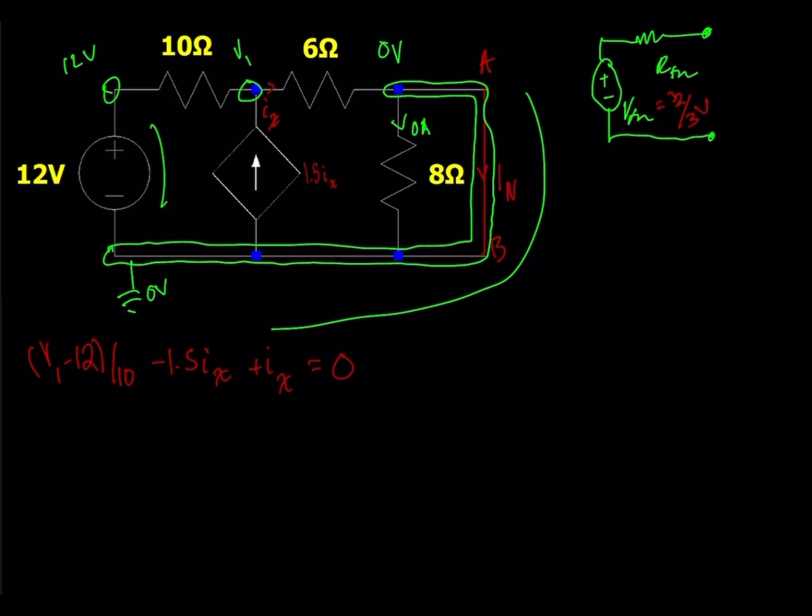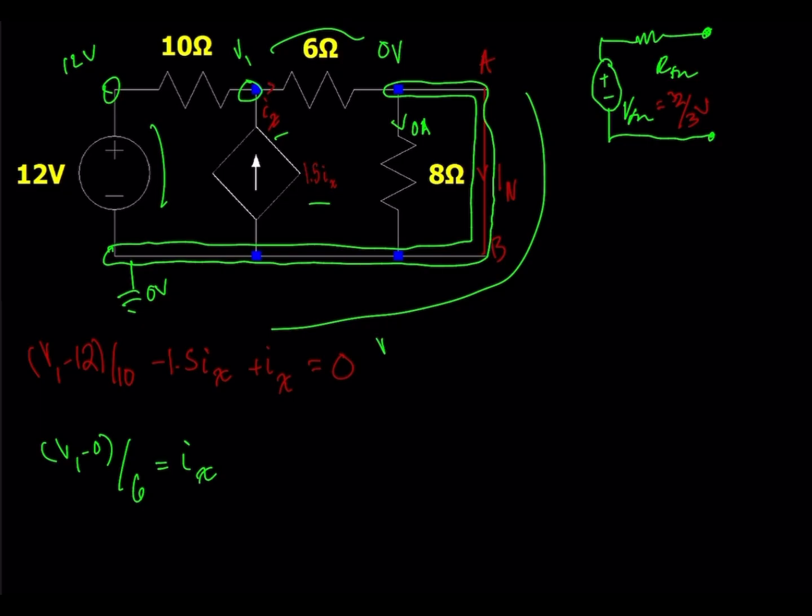And since we have a current defined Ix that's driving this dependent current source here, we can actually use that. Since we know the voltage across it now will just be V1 minus 0, or just V1 divided by its resistance, and that is defined as Ix.